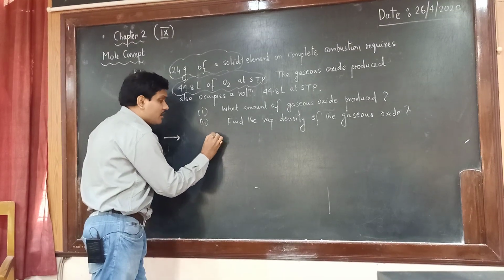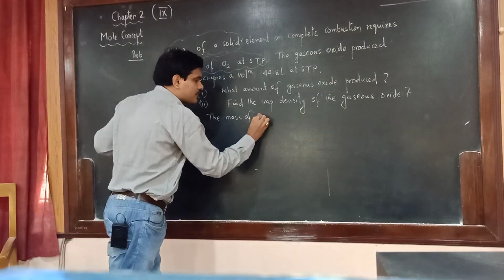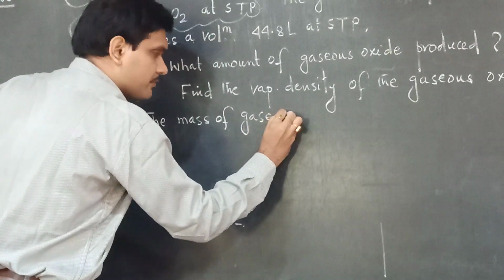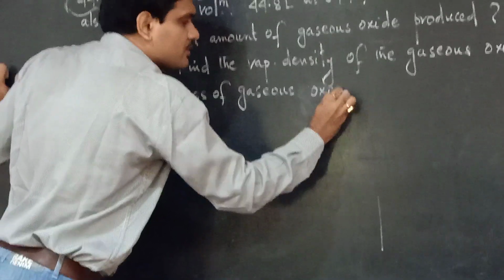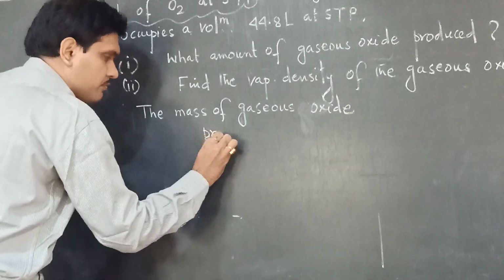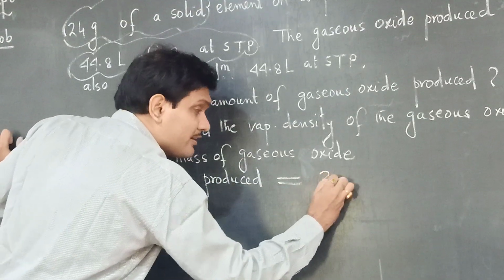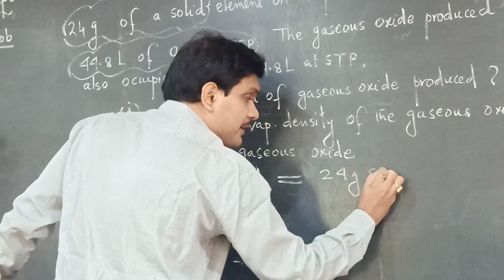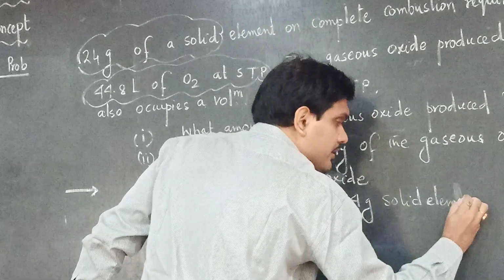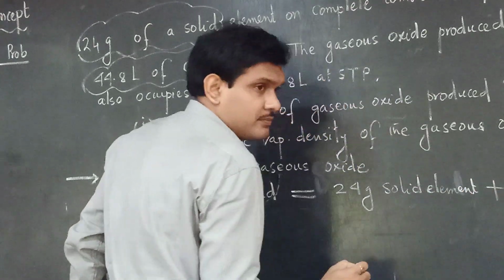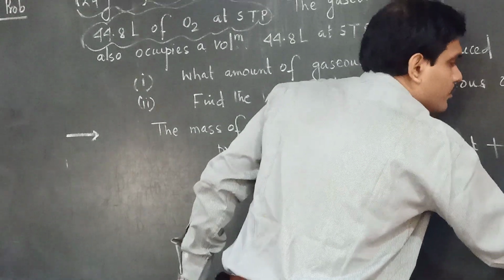So the mass of gaseous oxide produced will be equal to 24 gram solid element plus 44.8 liters of O2 at STP.